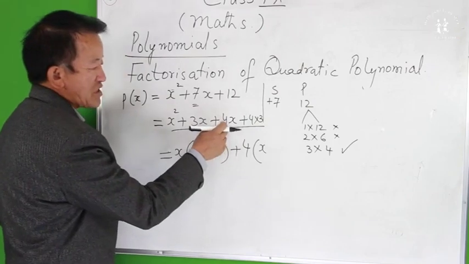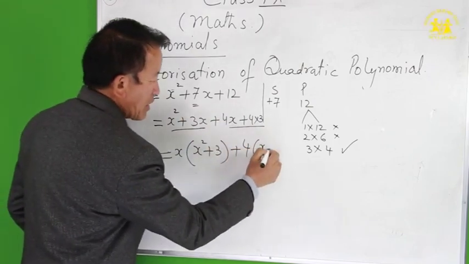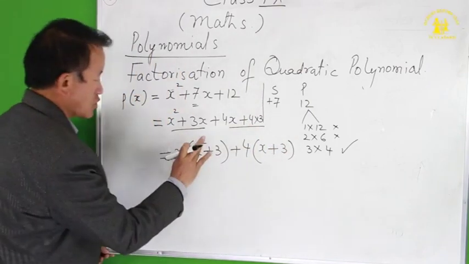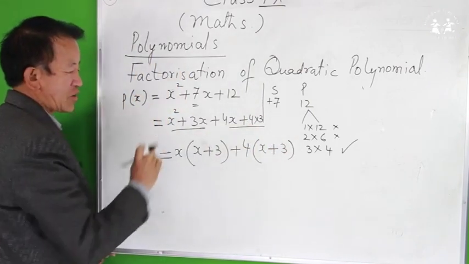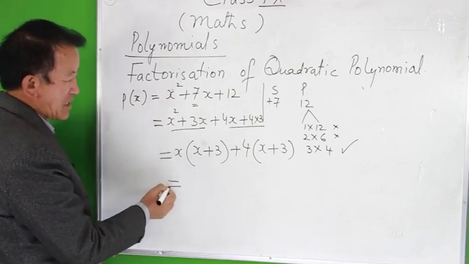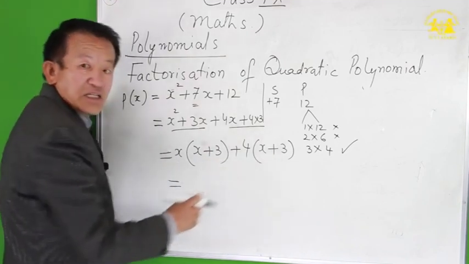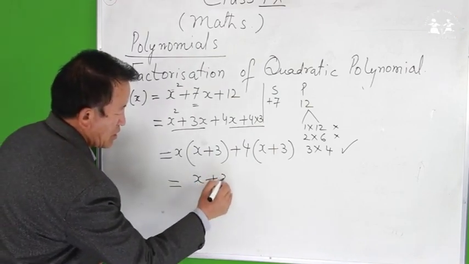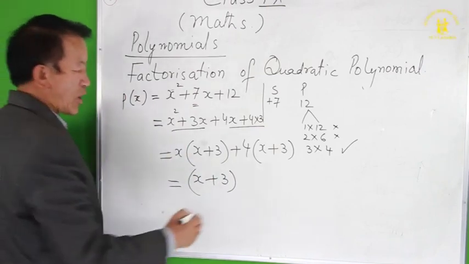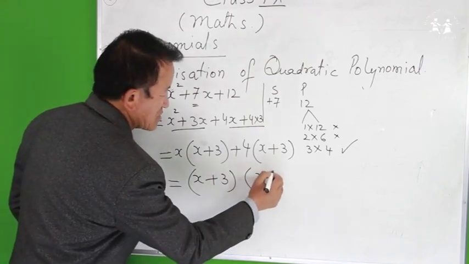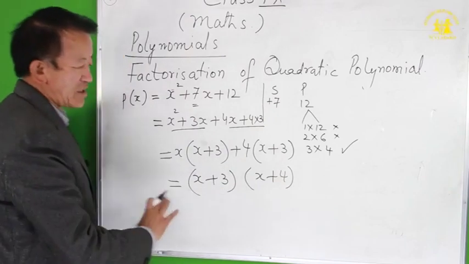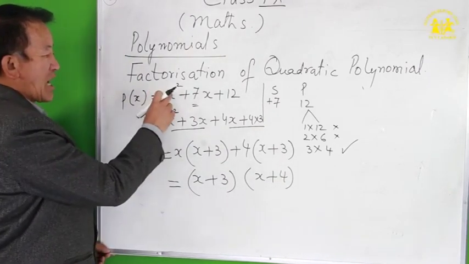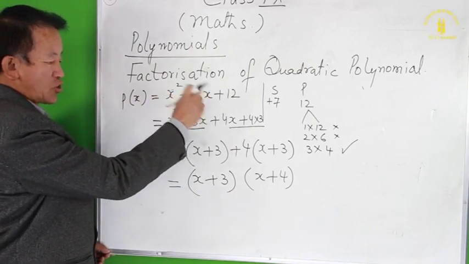If 4 is taken out, x will be left, plus 3 will be left. Sorry, this is not x squared, this is x. Now let's see, the terms inside the bracket are exactly the same. So we take it common. What will be left? x plus 4. So these two are the factors of x squared plus 7x plus 12.